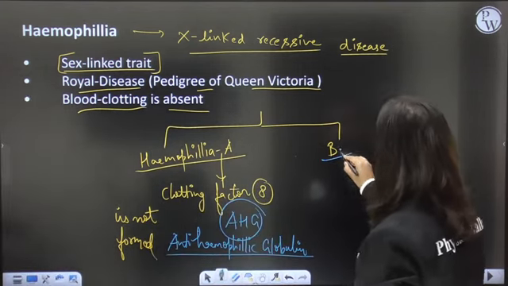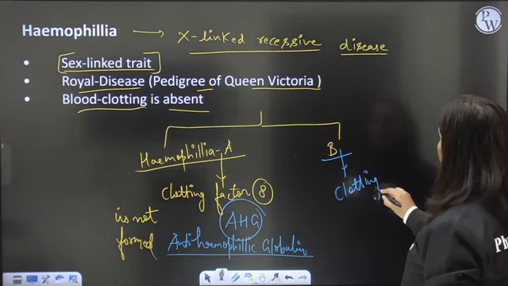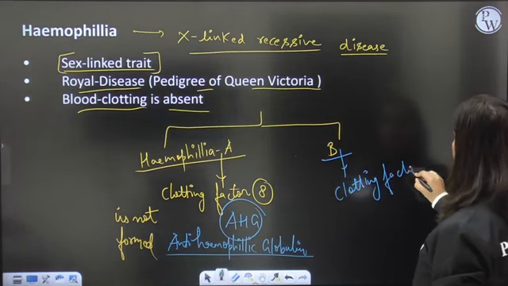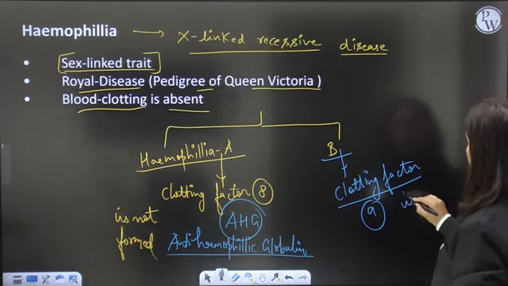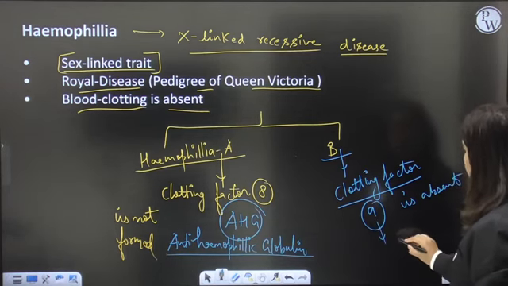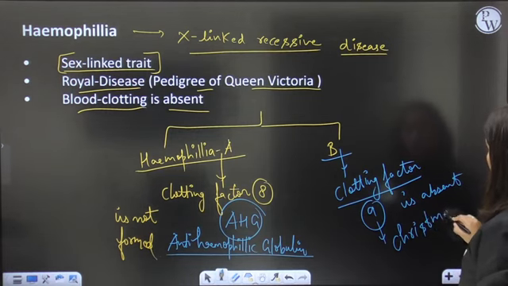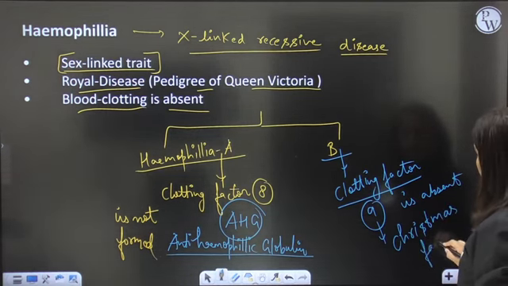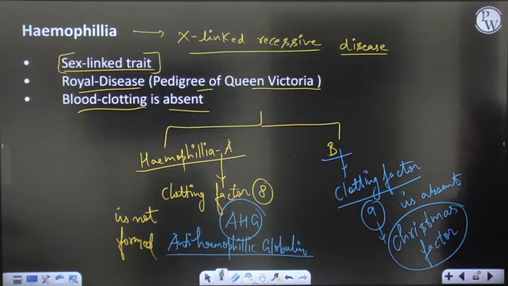Hemophilia B occurs when clotting factor 9 is absent. Clotting factor 9 is also called the Christmas factor. Okay? So this is hemophilia.